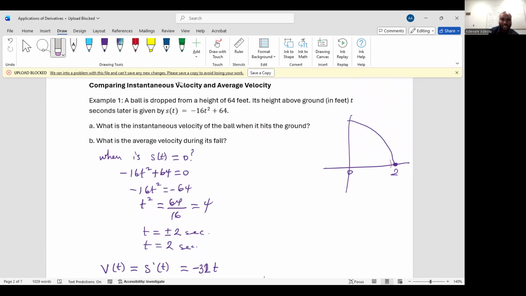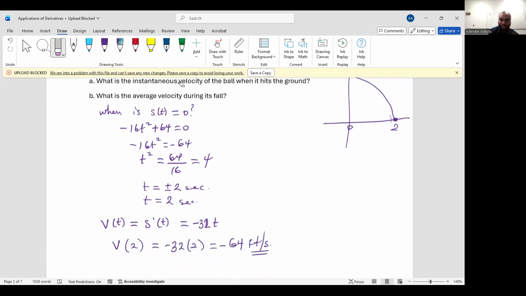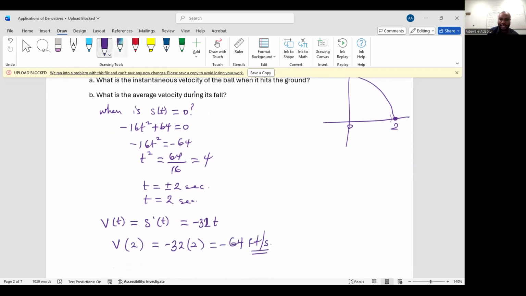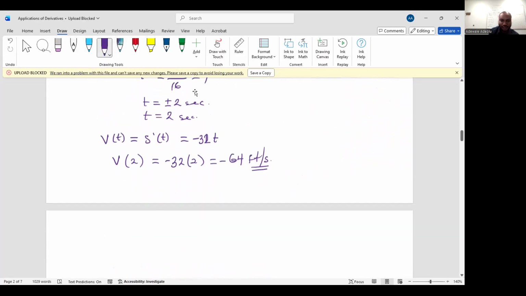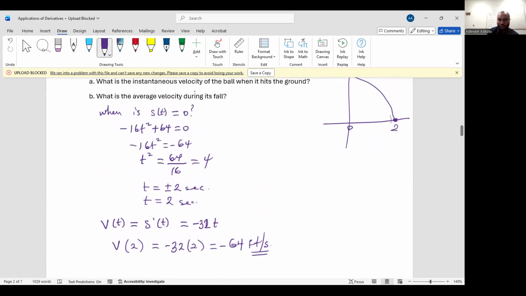Now, what about the average velocity? Well, like we did the other time, average velocity, let me do it here. So this is part B, average velocity. What does that mean? That is the average speed over the entire journey.